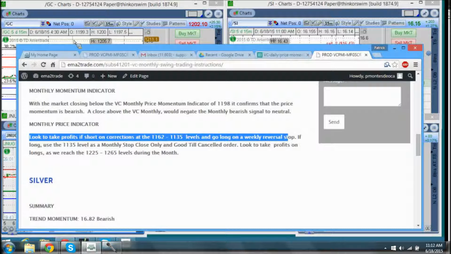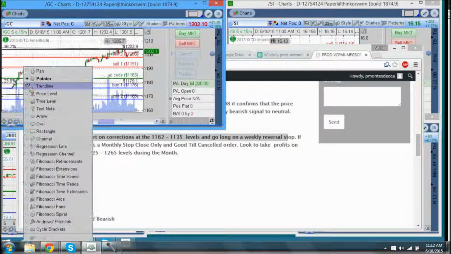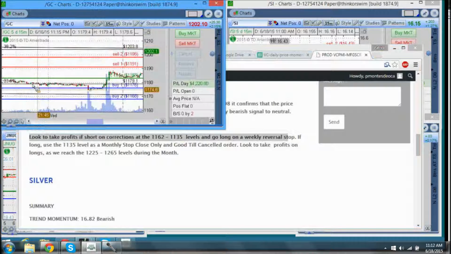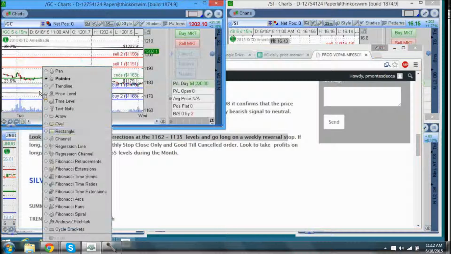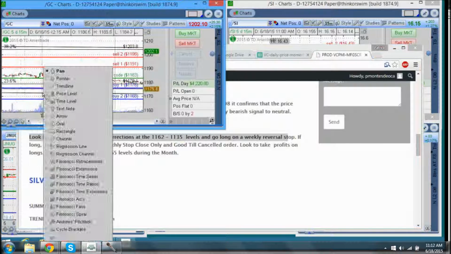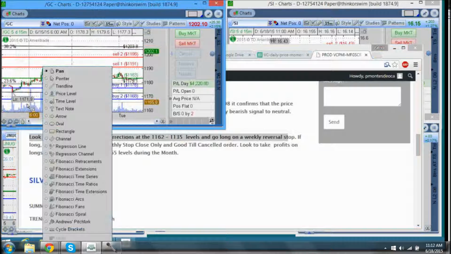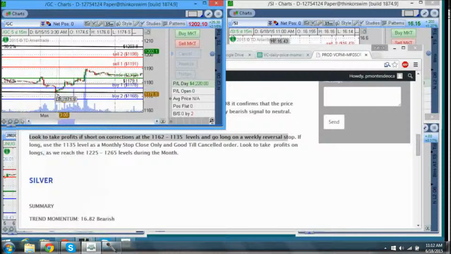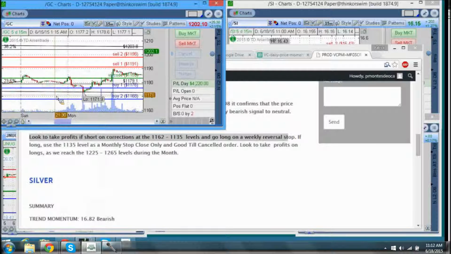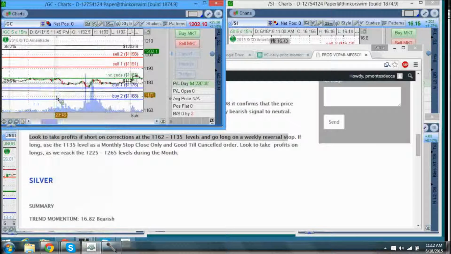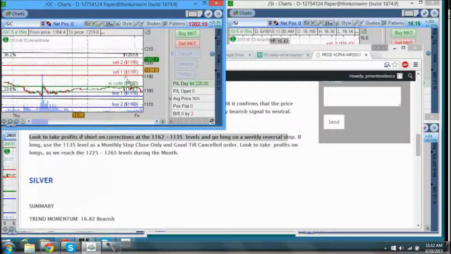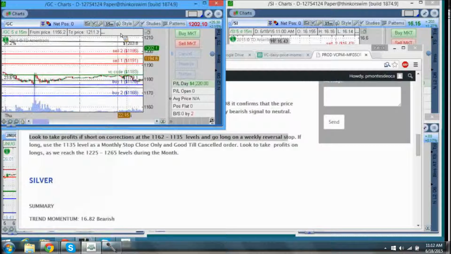When you look at the low in gold just a few weeks ago, it was 1163. And the market came right down to 1171.90 on 6/15, and basically the lower level was accomplished as well, of 1163.